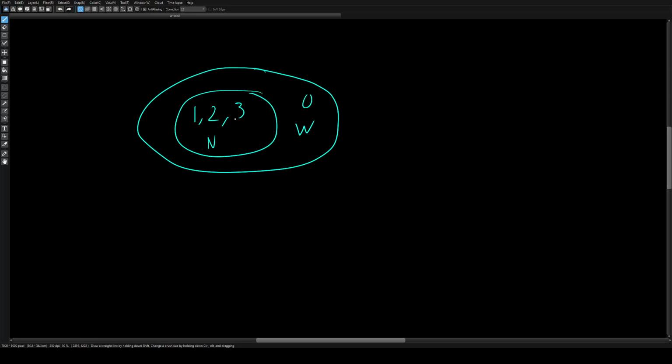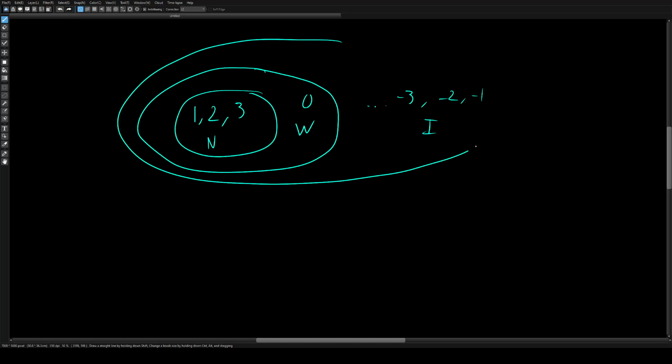And now, when we include integers, we're including the negative numbers, from negative infinity to -3, -2, and -1. So these would be integers, and this encapsulates all of this.